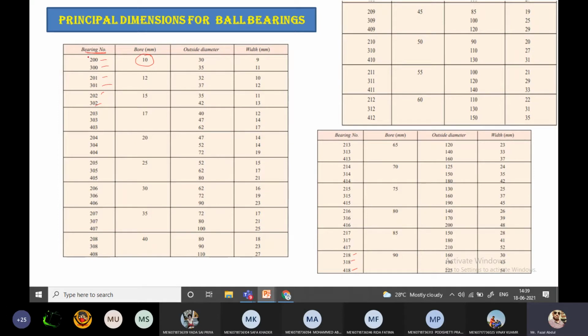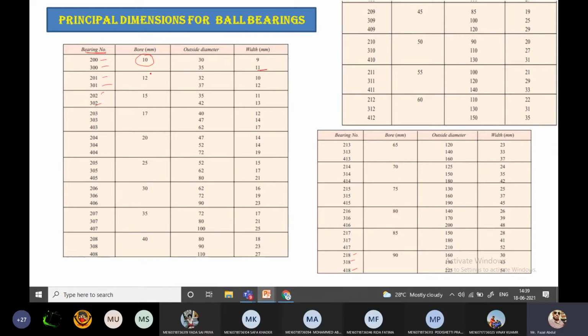So like that the standard is already prepared. For the 300 series, the bore is also 10 mm, the outside diameter is 35, and the width is 11.